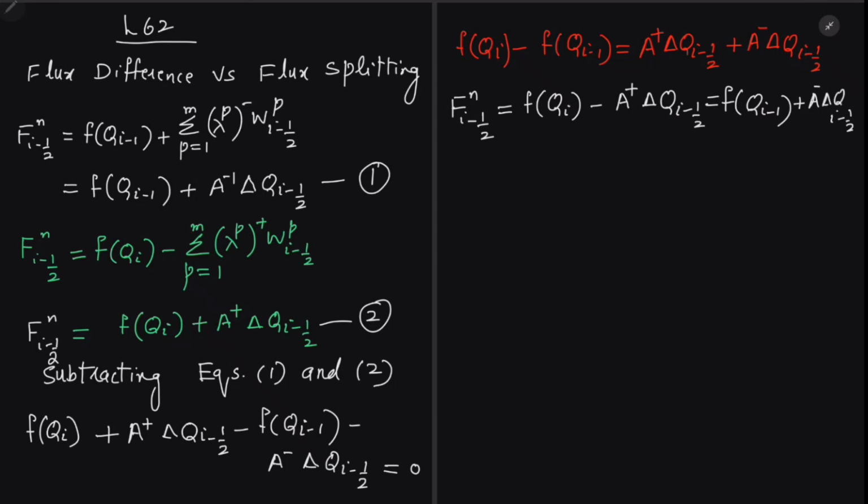The flux should be conservative, so it means that the flux at the i minus 1 half cell should be equal to the flux at f of qi, and the contribution from positive waves which has positive values, and it should give you the same value at i minus 1 half.